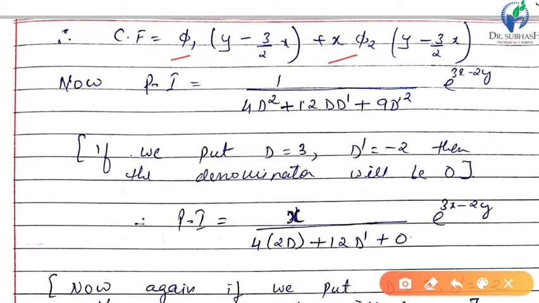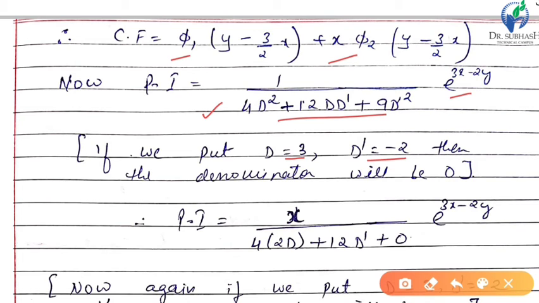Next we find the particular integral. For the particular integral we write 1 upon the given operator, and the RHS is e raised to 3x minus 2y. First we substitute D equal to 3 and D dash equal to minus 2. The coefficient of x is 3 and the coefficient of y is minus 2. On putting these values we find that the denominator becomes 0.